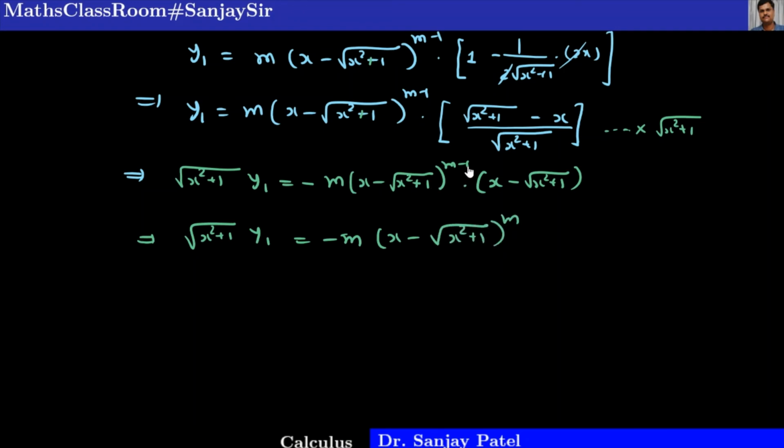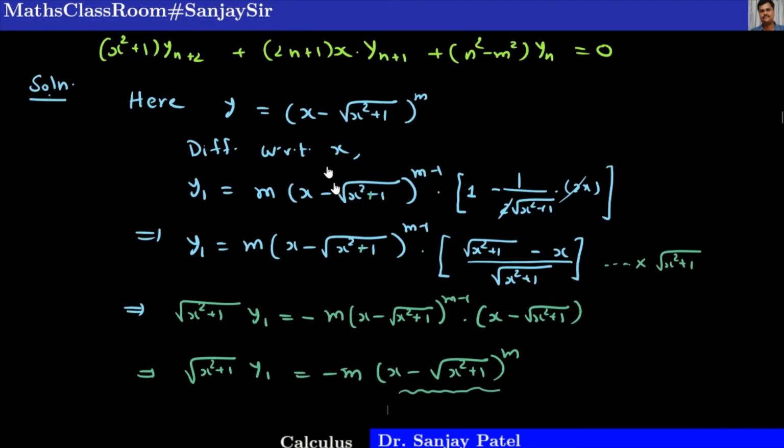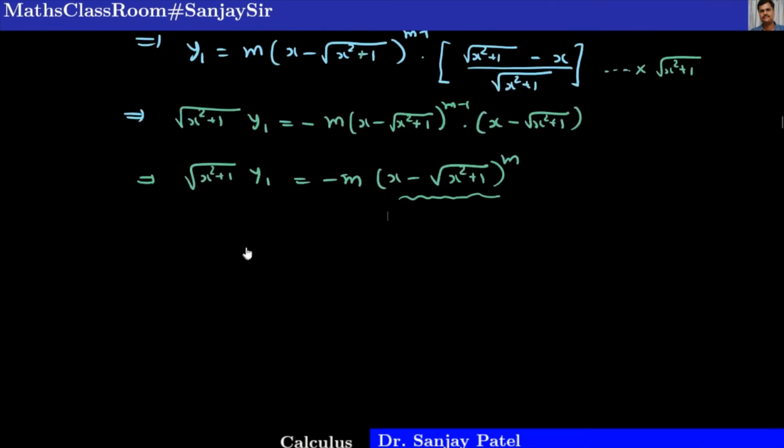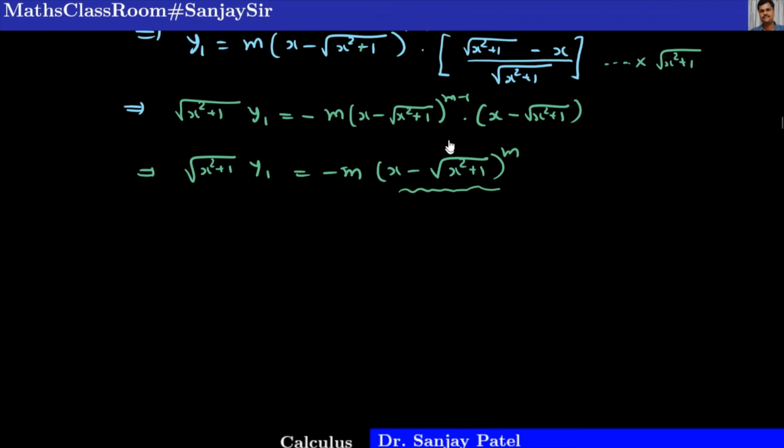This is a raised to m minus 1, this is a, so the product will be a raised to m only. And now this term is nothing but the given function y. As you can see, y is (x minus square root of x square plus 1) whole raised to m. So putting the value y in place of that, we get square root of x square plus 1 into y1 is equal to minus m into y.